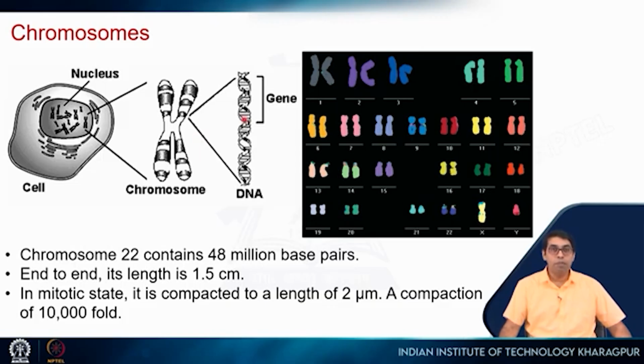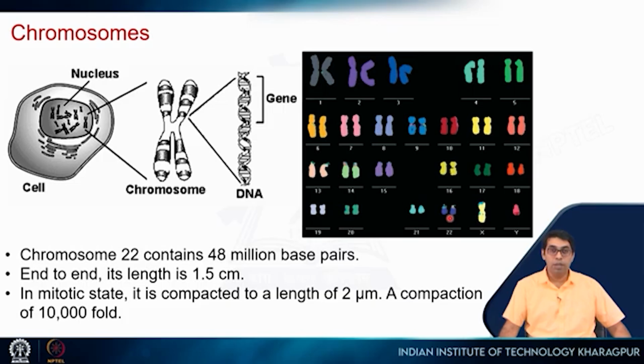If we consider the human genome, then our DNA is divided into 23 fragments, and depending on the size they are numbered as 1, 2, 3, and so on. So, 1 is the largest chromosome and 22 is the smallest chromosome. The last one, the 23rd chromosome, is actually the sex chromosome. In all of these, 1 to 22, they are the same chromosome and they are present in 2 copies.